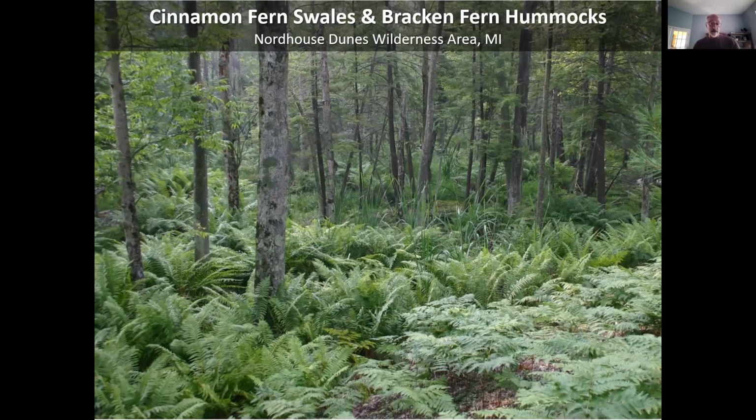But it's true that where the cinnamon fern is, you can't find any bracken fern and vice versa. So clearly, there's enough of a topography here that the water dynamics are sufficient to create these boundaries.